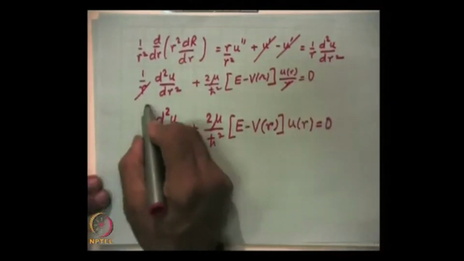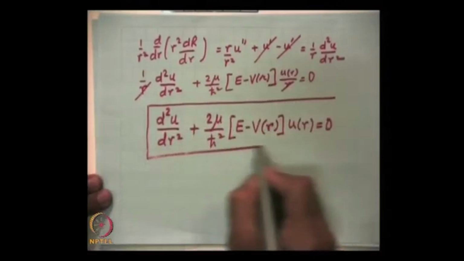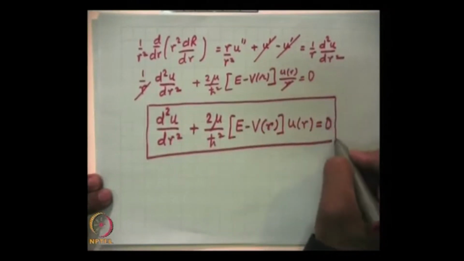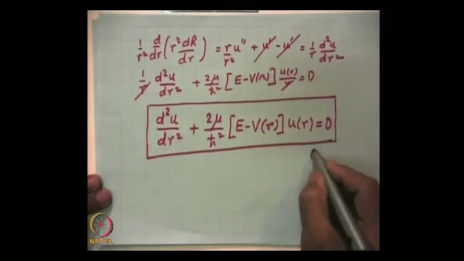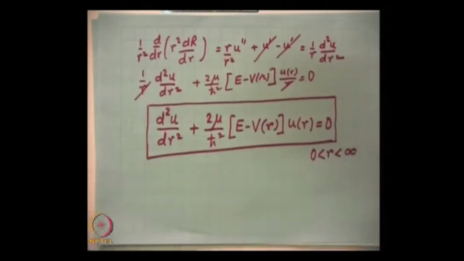This is once again the one dimensional Schrodinger equation, but the only thing that we have to remember is that r does not take negative values. r goes from 0 to infinity, and not minus infinity to plus infinity. That all of you must remember.